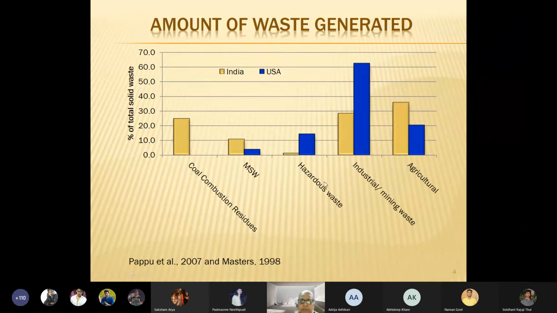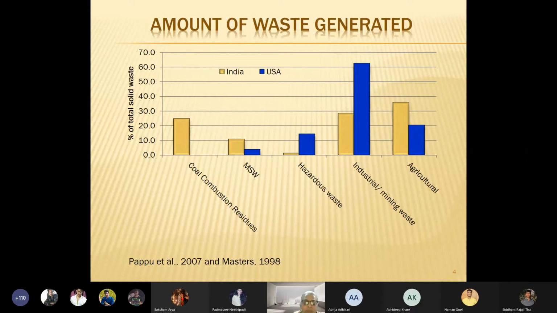Then we come to hazardous waste. You can see that a developed country like the US has a huge amount of hazardous waste as a fraction of the total waste compared to a lesser developed country like India, which has a very small fraction of the total in the form of hazardous waste. One reason is that we are not as industrialized as the other developed countries.